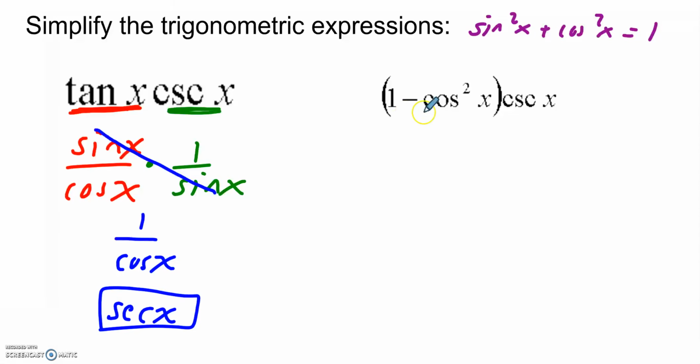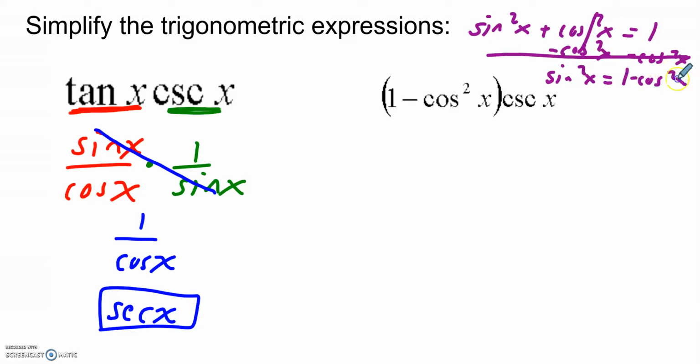Now this does not match this identity exactly. However, if I manipulated this identity and I matched this with this, if I subtracted the cosine squared x to the other side, I would get that sine squared x is equal to 1 minus cosine squared x.